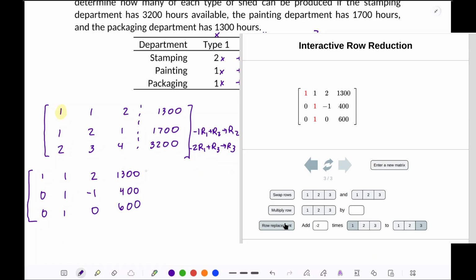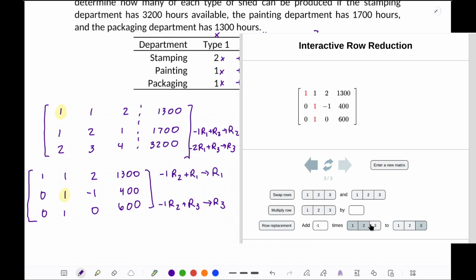And if you notice, I already have a 1 here. So I'm going to use that as my pivot row. So the opposite of 1 is -1 times my pivot row plus row 1, replace row 1. The opposite of 1 is negative 1 times my pivot row plus row 3, replace row 3. Go through and do that.